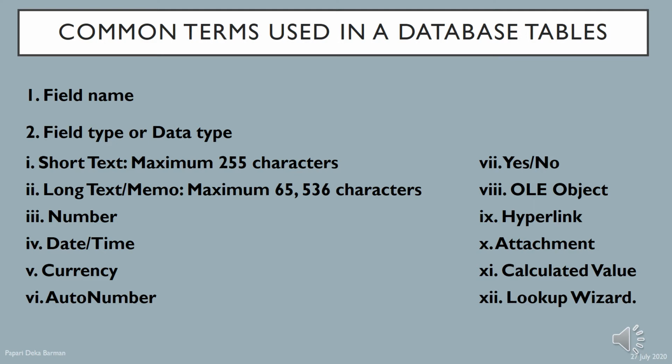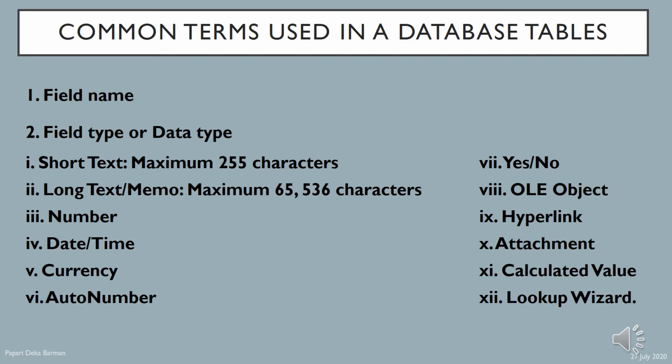You can use any of the formats. Number 5 is currency. It stores currency values and numeric data used in mathematical calculations. It allows data with 1 to 4 decimal places. So in currency, you can store rupees, dollars, euros, etc.